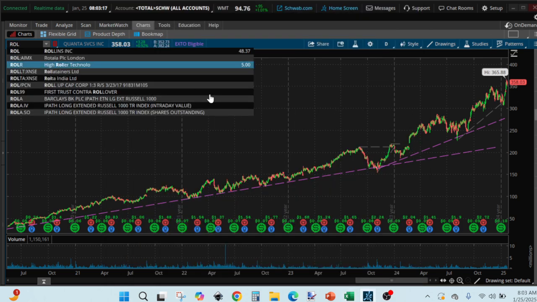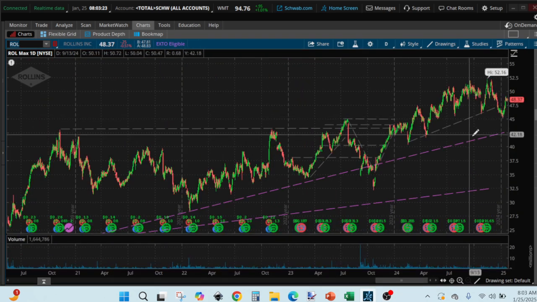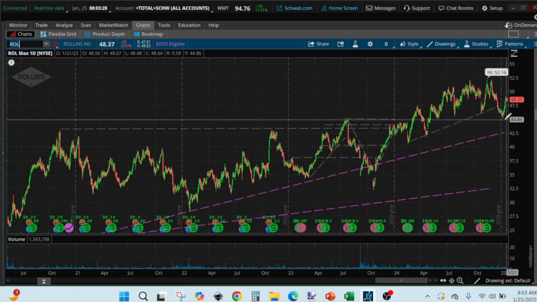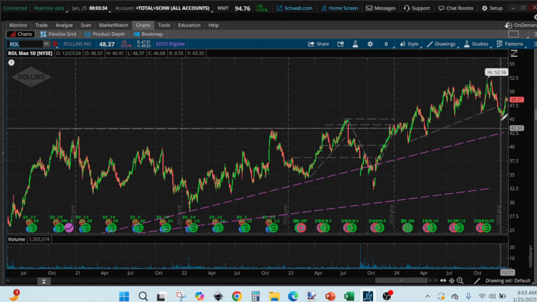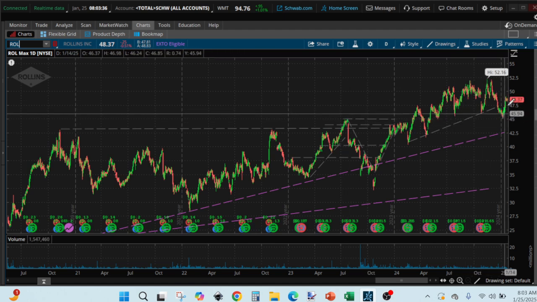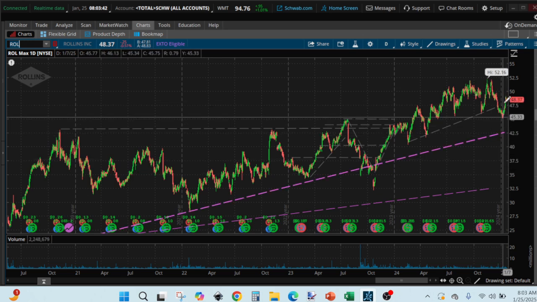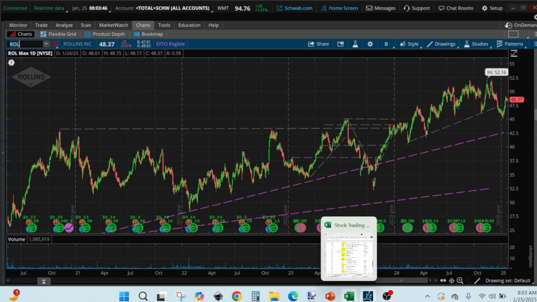So ROL, we have two trend lines there that work for us, but right now it pulled back to use this mountain as a support and started going up from there. So I don't know if it's going to come down lower, but we are just going to keep observing it. It could come down lower.